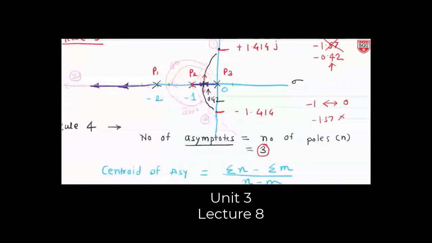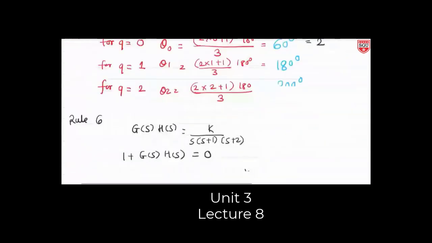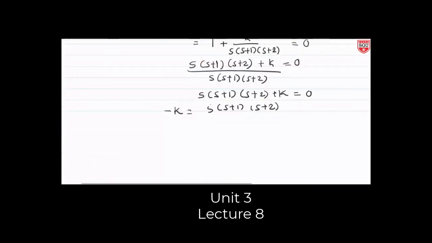These are the 2 points where that breakaway point will cut the imaginary axis. And here we have finished our problem. One step is remaining, but that step is not applicable to find the open loop gain k. That step is not applicable for this problem. We will apply that in next problem. So finally, how it will look like, that we will see.